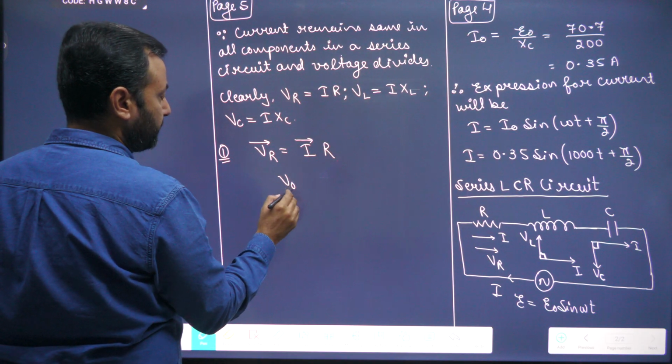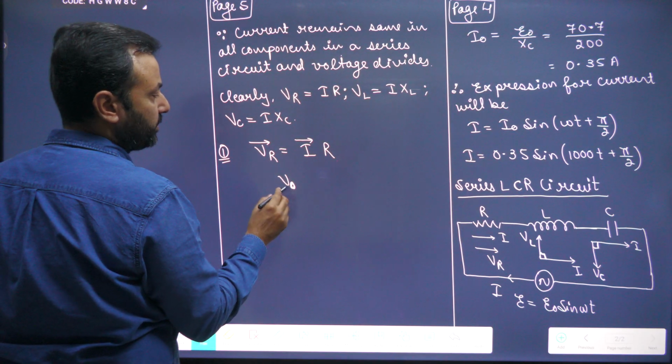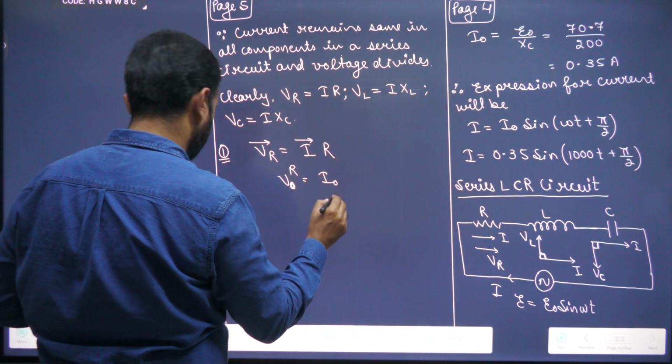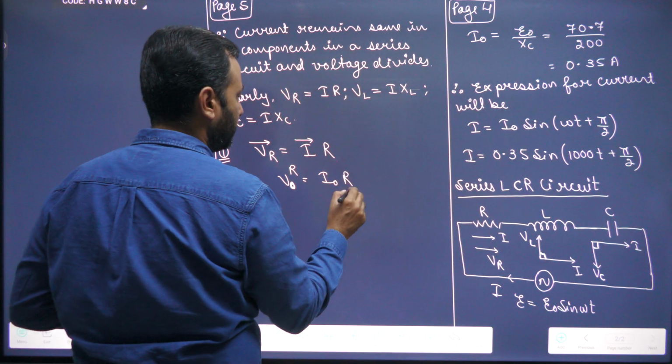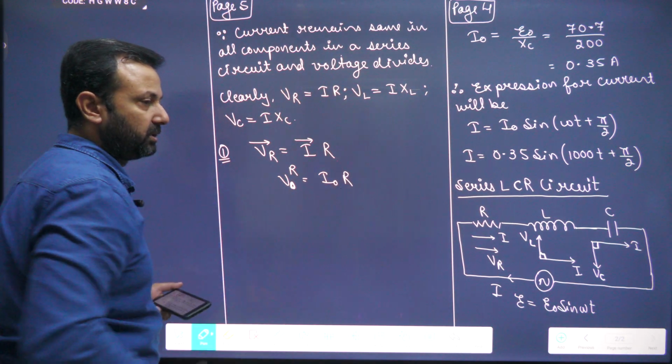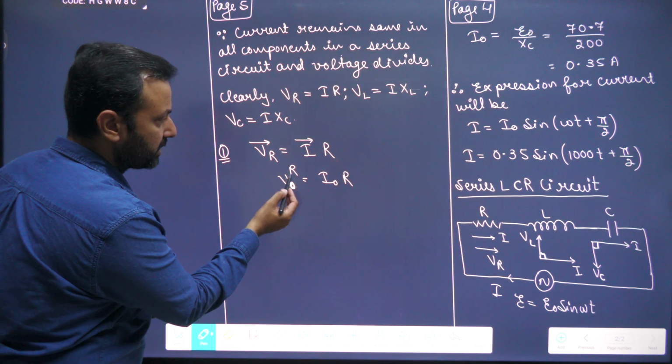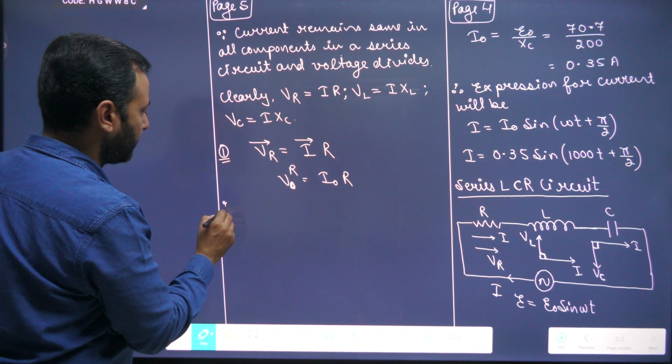So amplitude is V naught. Amplitude means maximum value, peak value of voltage. So V naught R is equal to I naught into R. Actually, voltage is equal to current into resistance. This is the maximum value of voltage across the resistance. It is I naught into R.